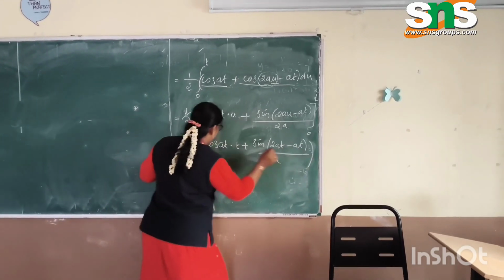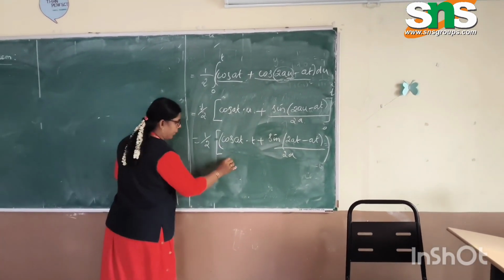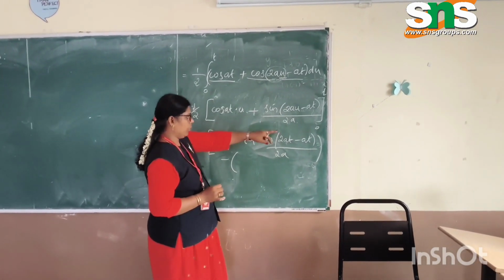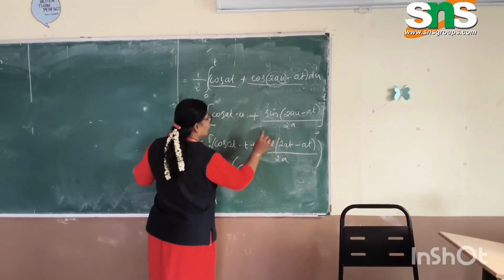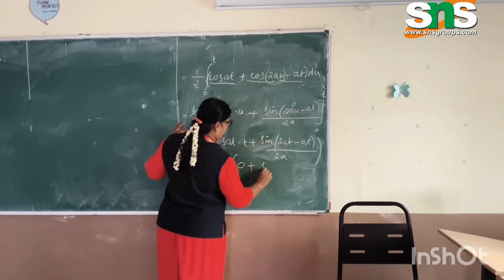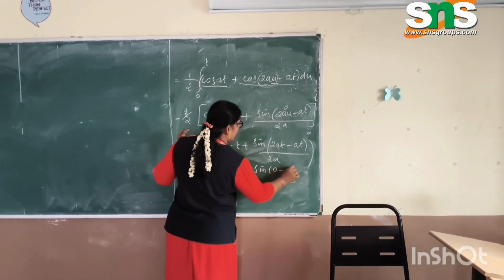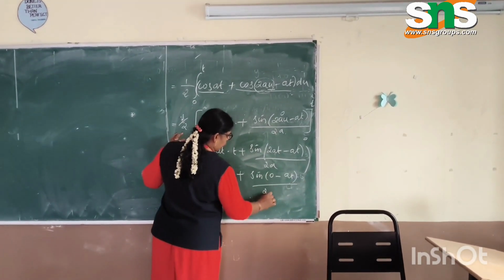This is the upper limit, in brackets, minus the lower limit. Now substitute 0: 0 plus sin(0 minus at) divided by 2a.